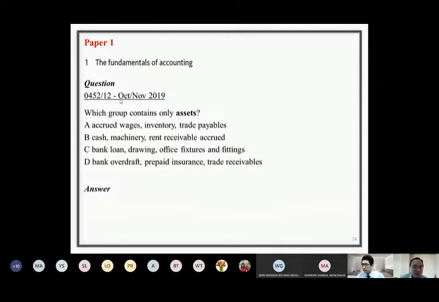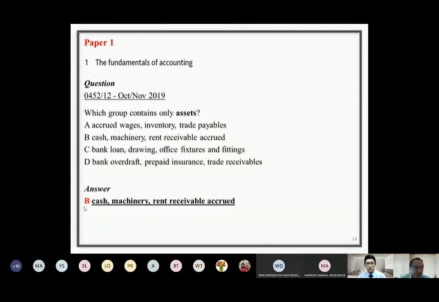So this is an actual past year question, October/November 2019, last year. Other than testing your knowledge of what assets are, you'll be tested on your understanding, on how you apply it. So this further tests your knowledge and understanding: which group contains only assets.